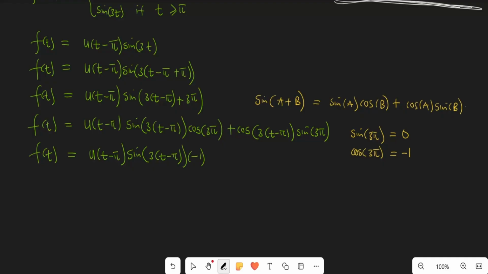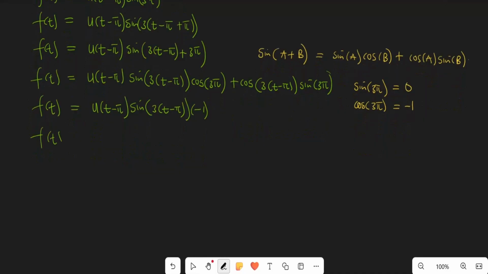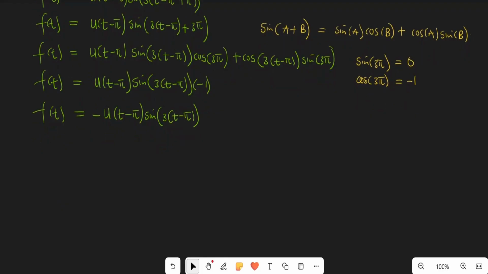But sine of 3 pi is 0, and 0 multiplied by this, everything is 0, so I'm not going to write that. So we have f of t equal to -1 all the way in front, negative u of t minus pi, multiplied by sine of 3 times (t minus pi). Cool.